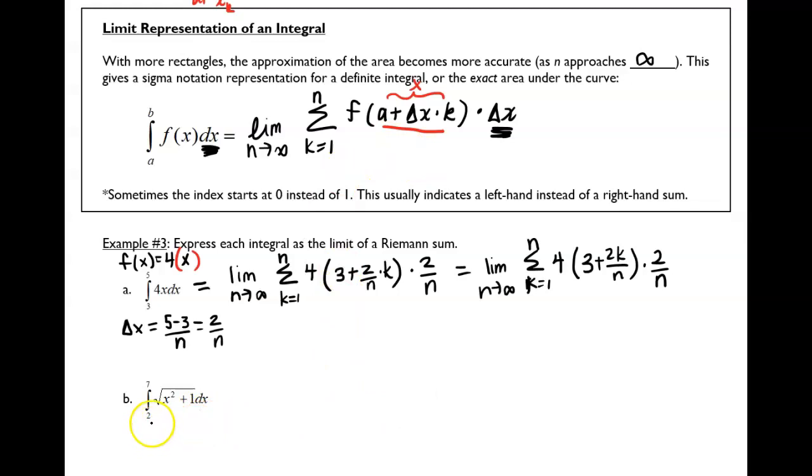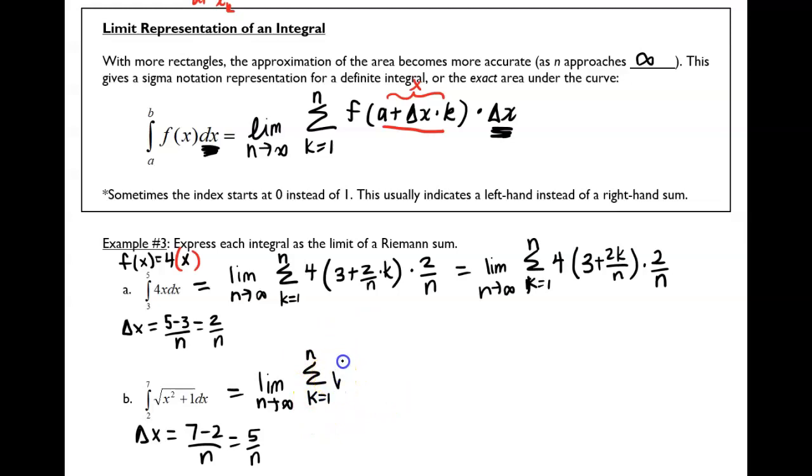In part B, we have the integral from 2 to 7 of the square root of x squared plus 1 dx. So again, we're going to take our delta x, 7 minus 2 divided by n, that gives us 5 over n. So find your delta x first. Now we'll write out our limit notation. Limit as n approaches infinity of k equals 1 to n.